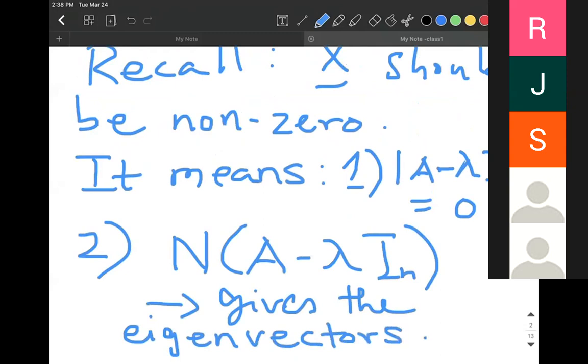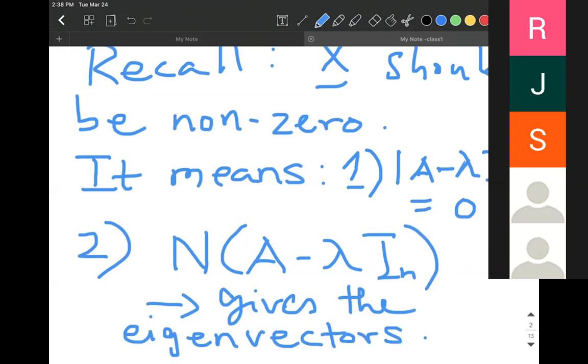Okay, so questions? Any questions so far? You said eigenvectors plural, like there can be more than one for a given eigenvalue? Exactly. There can be infinitely many eigenvectors for a given eigenvalue.